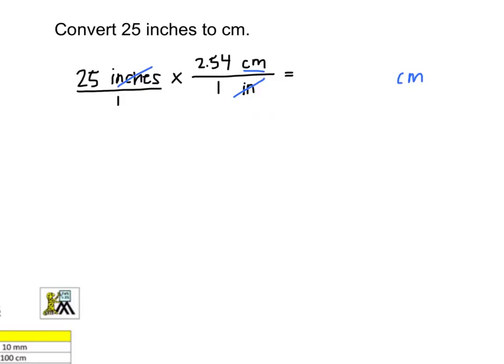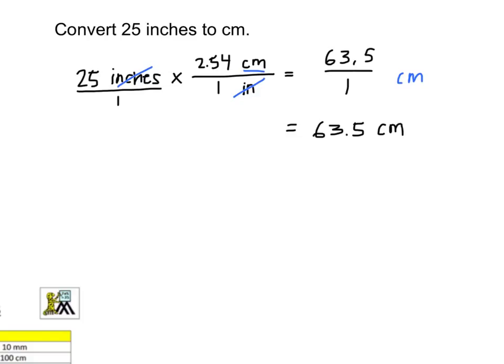That comes out to be 63.5. And then when I multiply the denominators, of course, 1 times 1 is just 1. I can simplify that fraction down. 63.5 over 1 is just 63.5. And my unit is centimeters.